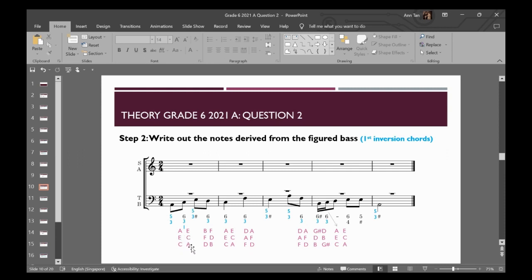And in this case, once we rearrange it, it will be the 1st, 3rd, and 5th of the chord in this order, A, C, E.